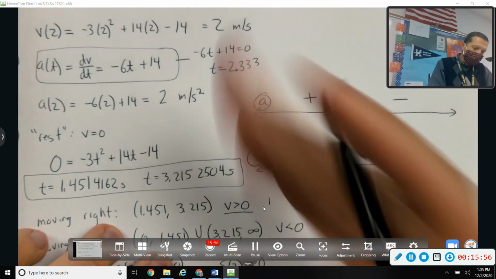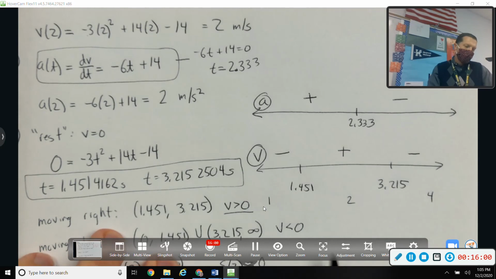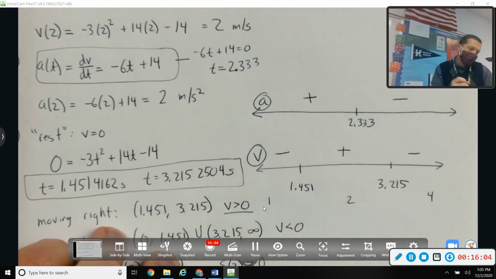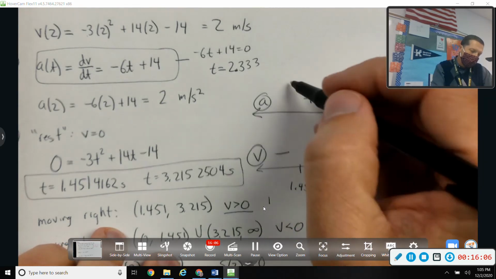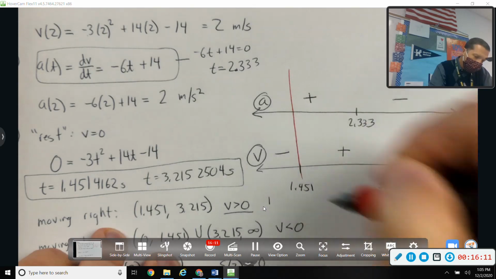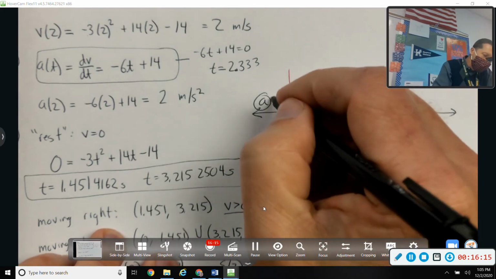So now I'm looking for where they are the same, where they are different. And some people could do this without doing any more drawing on here. You could just look and see, well, up to 1.451, they're different. But if you draw that line, sometimes you lose who's positive.